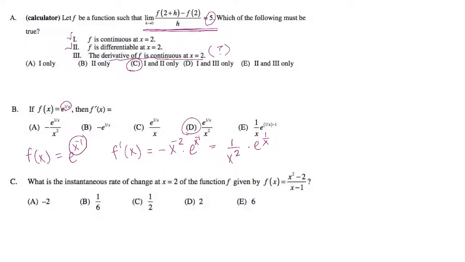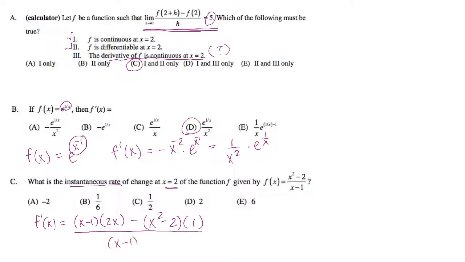Part C, what is the instantaneous rate of change when x equals 2? That's kind of a welcome question after a while, because that's just asking for the derivative value at 2. So let's find f prime. It's going to be the bottom times the derivative of the top minus the top times the derivative of the bottom, all over the bottom squared.